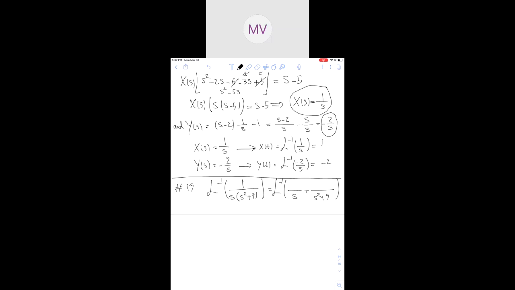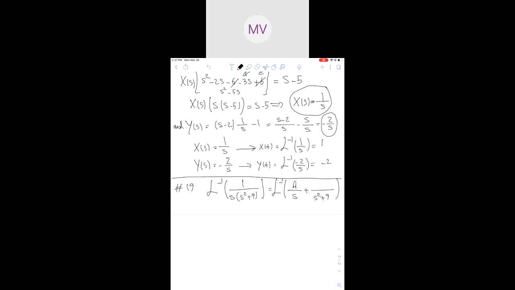Now, question: what kind of numerators are we expecting for the first fraction? On top of s, what kind of expression are you expecting in terms of a polynomial? Constant. Beautiful.